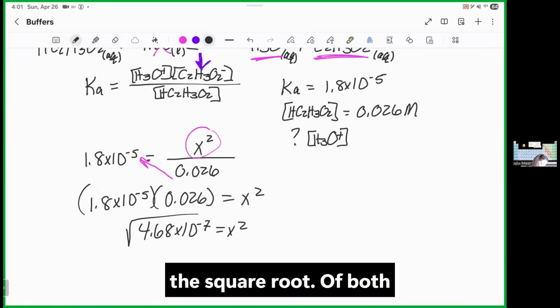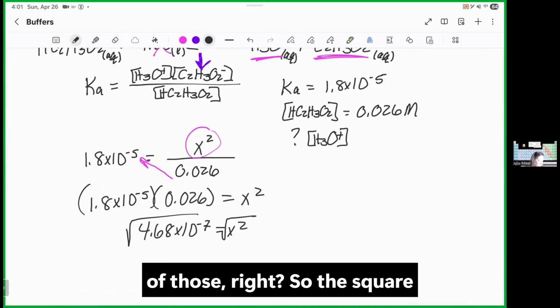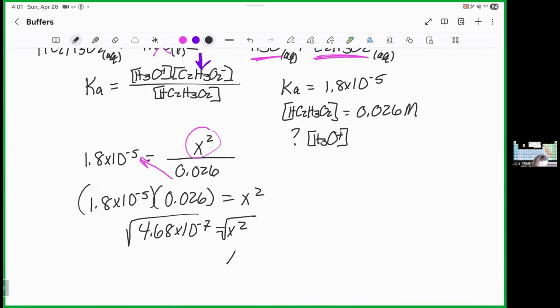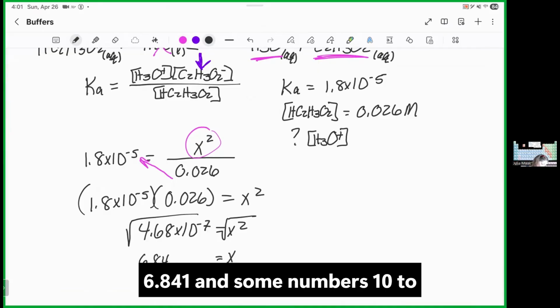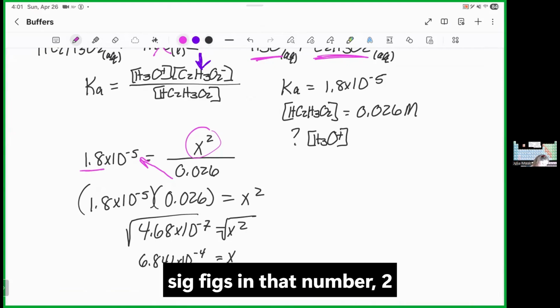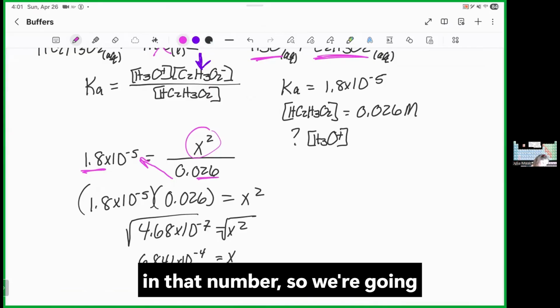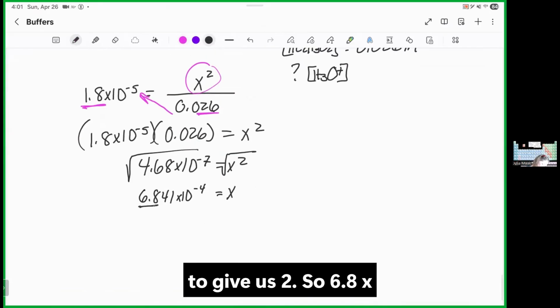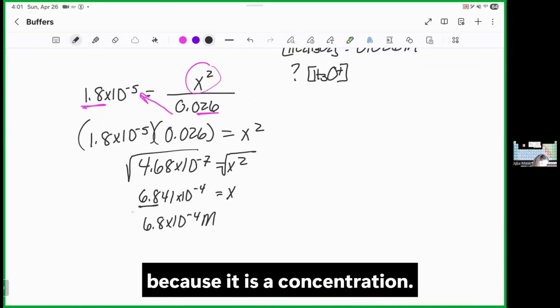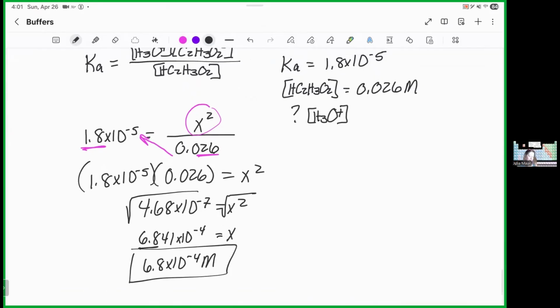So I need to take the square root of both sides. The square root of that answer is X equals 6.841 and some numbers, times 10 to the negative 4. We had 2 sig figs in that number, 2 in that number, so we're going to go with 2. So 6.8 times 10 to the negative 4 molar, because it is a concentration.